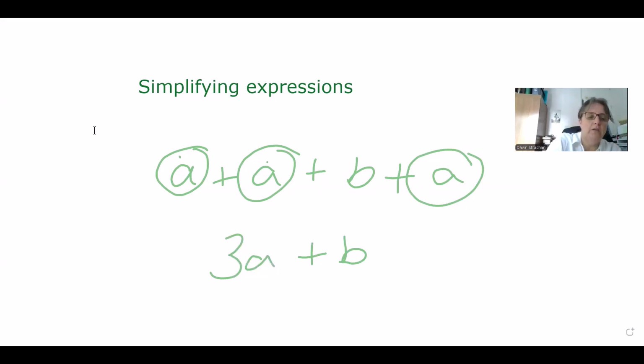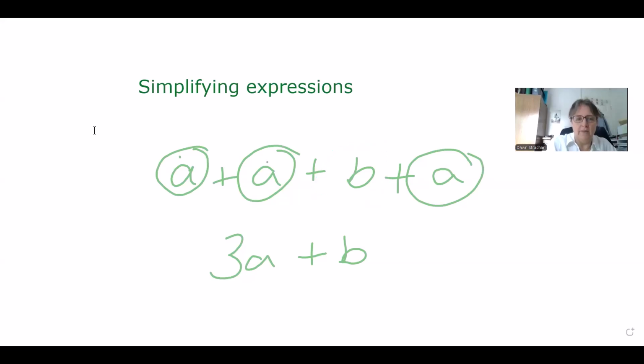What you can also do to make it stand out a bit more is circle or color the different letters in different colors, so it's easier to see at a glance what each one is. So I can see the greens. I've got 3 greens, so I've got 3 A's and I've got a B, a blue one.